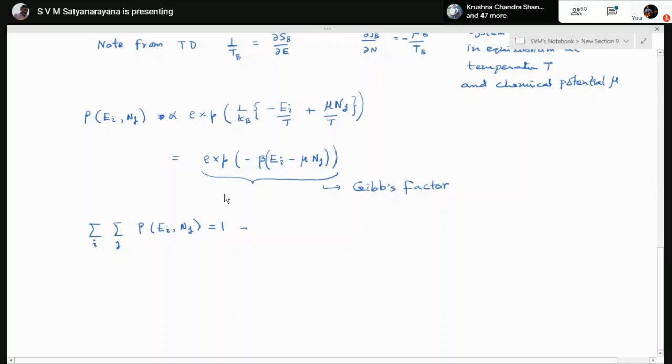This implies I can define some quantity called Q, which will be a function of temperature, volume, and the chemical potential, given by the sum over i and the sum over j of e to the power minus beta into Ei minus mu Nj.